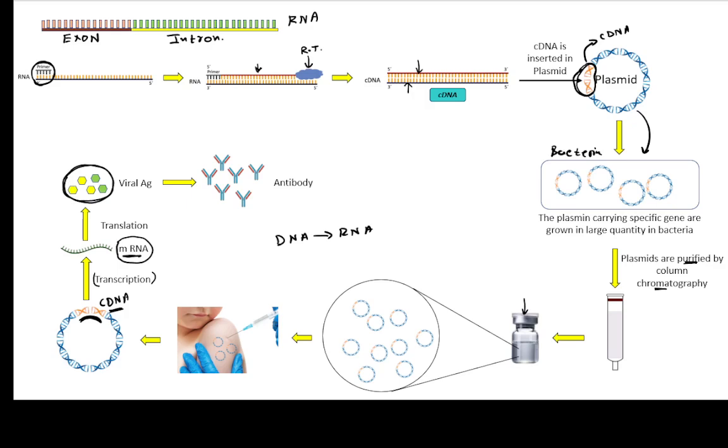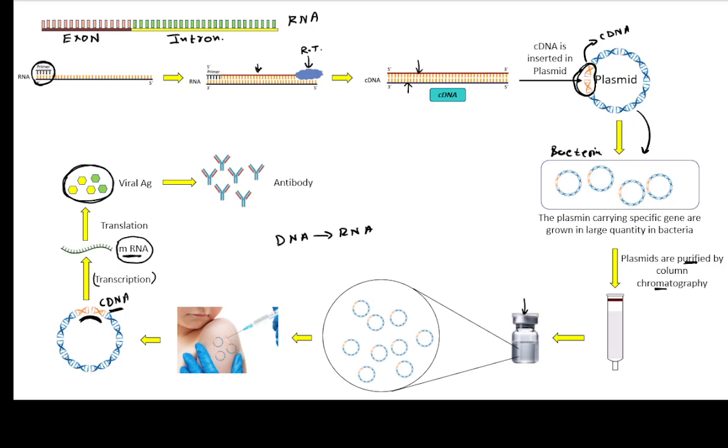Instead, we are injecting the genetic material of the virus, pre-treated in vitro and inserted into the plasmid. This cDNA will be transcribed into mRNA, and mRNA is translated into viral antigen. So we are initiating immunity against the virus indirectly, not directly.